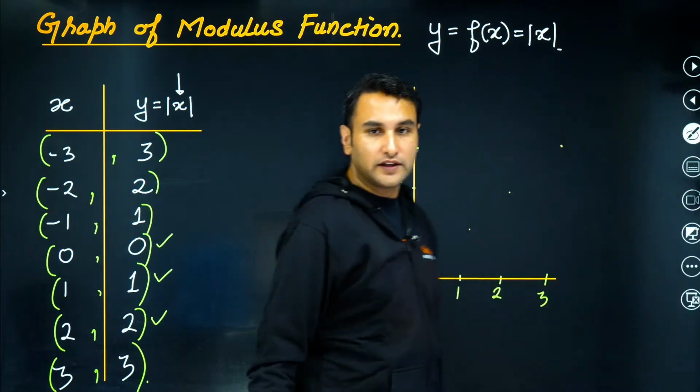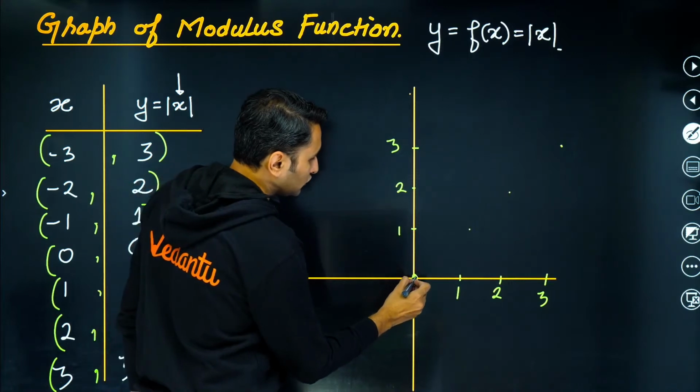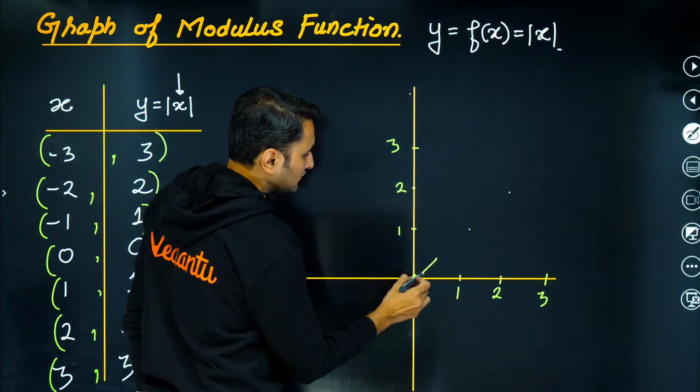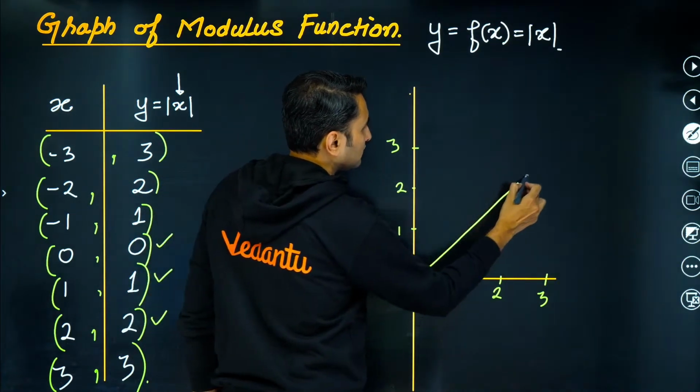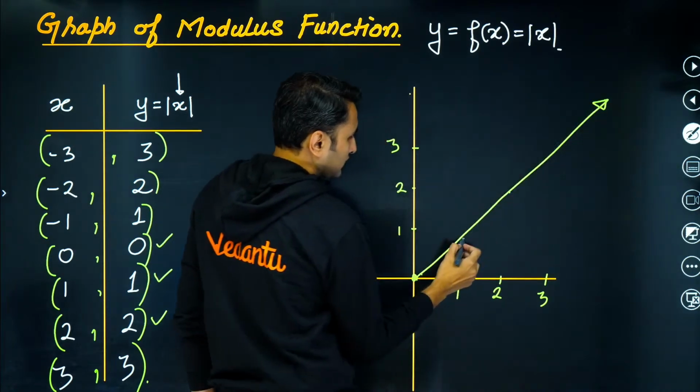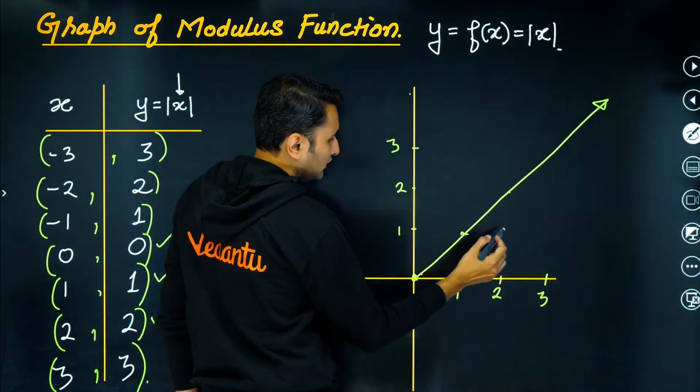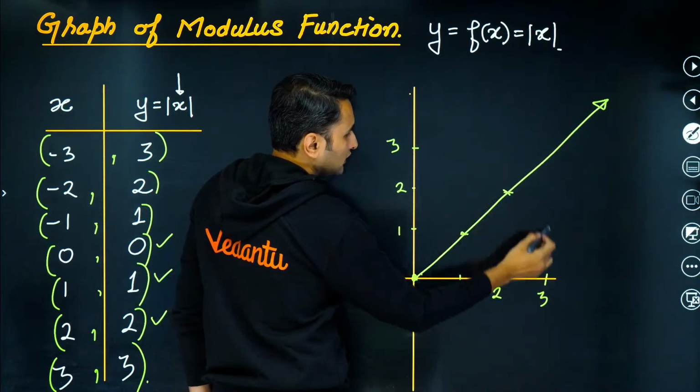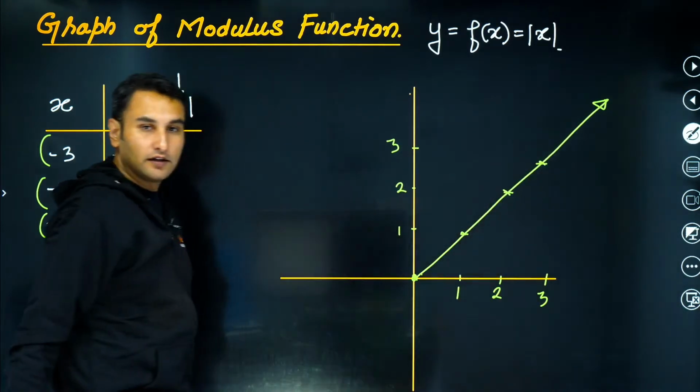So when you join these points, what will you get? 1, 1, 2, 2, 3, 3, right?